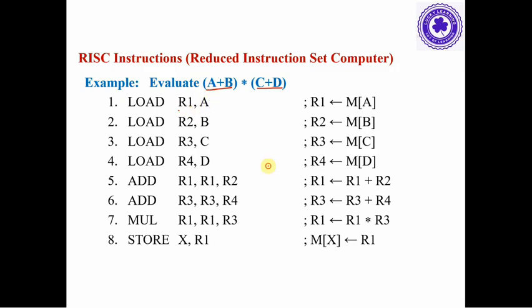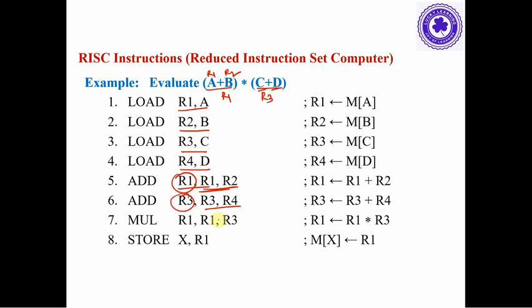Look, load A into R1, B into R2, C into R3, D into R4. Next, what do we have to do? R1 and R2 are added and the result is stored into R1. Next, R3 and R4 are added, and the result is stored into R3.